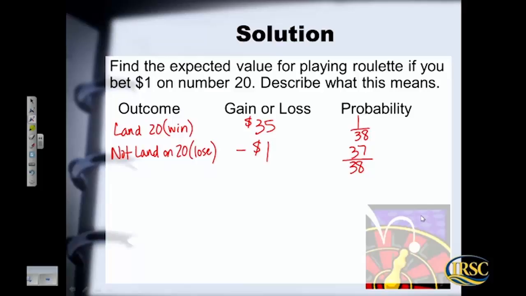Okay, so we filled in our chart, and now we're really just concerned about our money. How much would we win over the long run, or how much will we lose over the long run if we continue with this particular strategy? So I actually don't need this outcome column anymore. I am now going to multiply the gain or loss with the probability, so multiplying across.